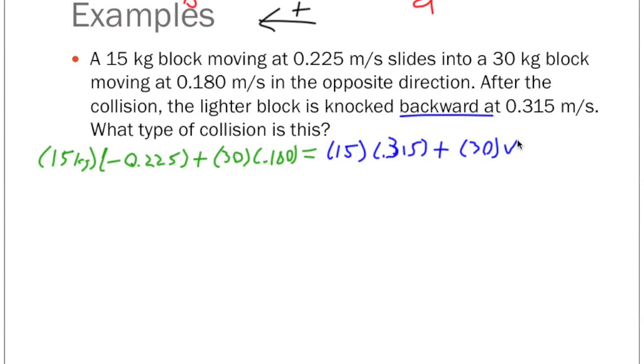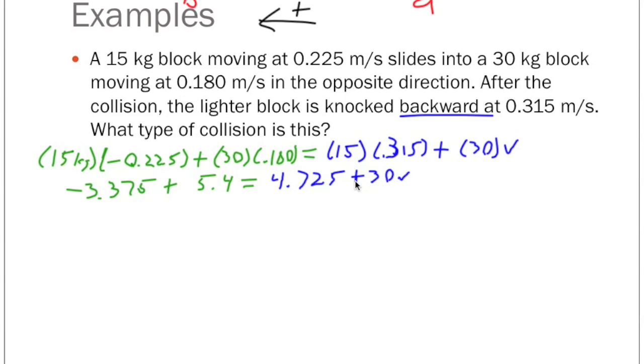In solving this forward, let's do some math. 15 times negative 0.225 is negative 3.375. Plus 30 times 0.180 is 5.4. Then this should equal our momentum afterwards. 15 times 0.315 is 4.725, plus 30v, because we don't know that here.